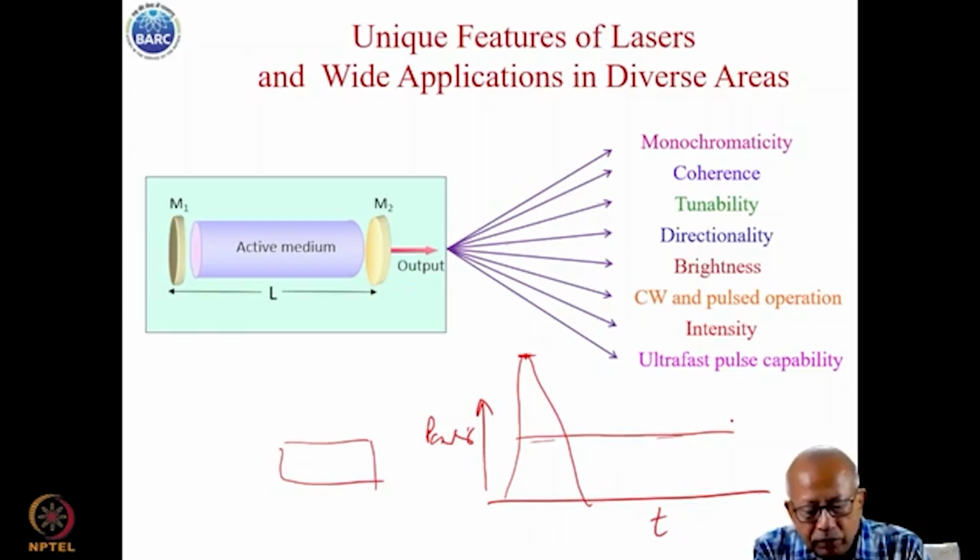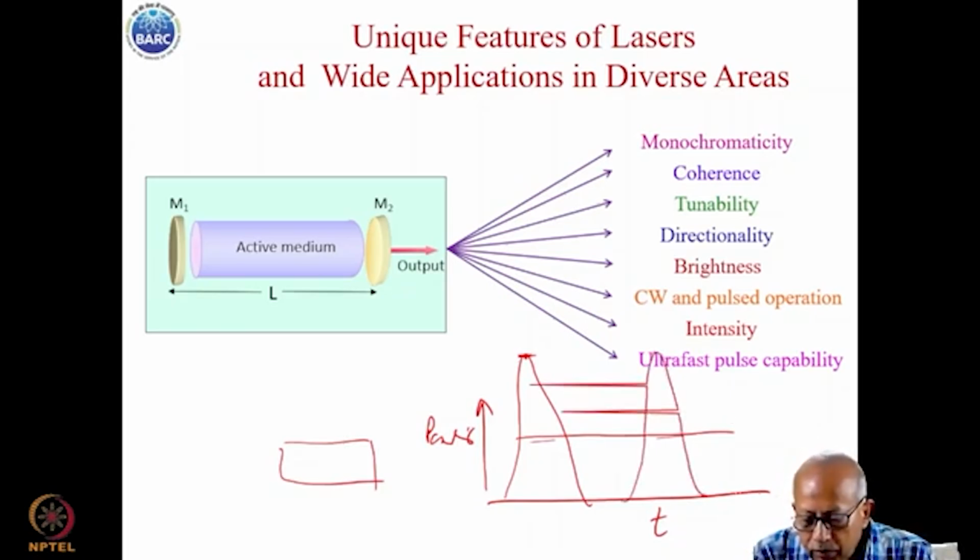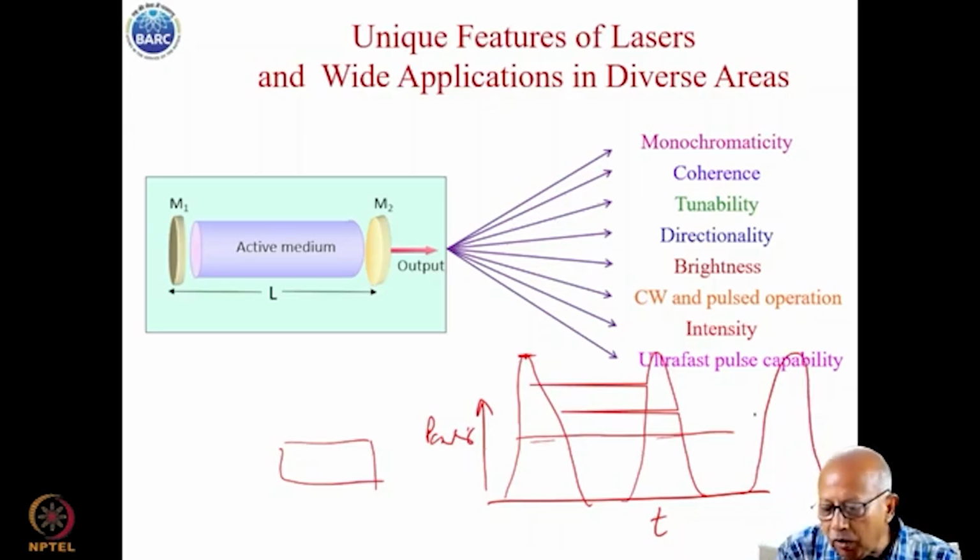If you pulse it repetitively, the laser will produce pulses in a repetitive fashion. Although the peak power can be increased, the average power of this repetitive laser may remain just the same as in continuous operation.